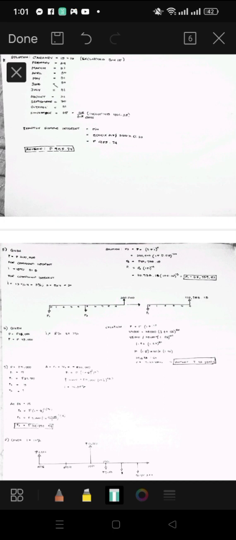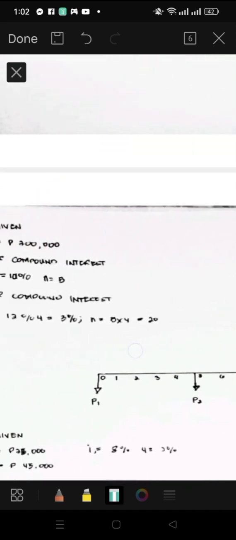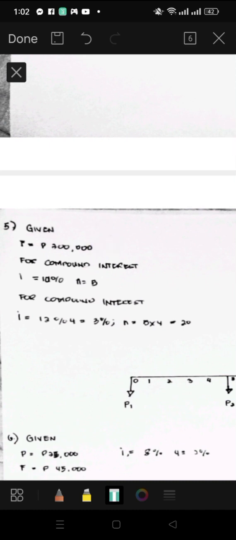So here, the future amount is 200,000. I is equal to 10%, as stated. So n is equal to 5 since it is 5 years.